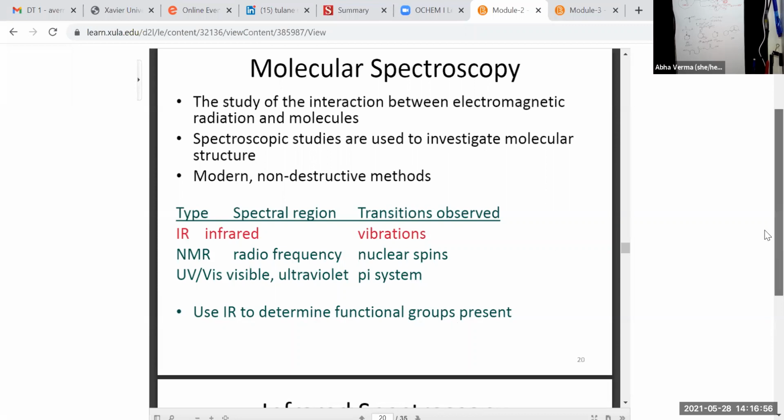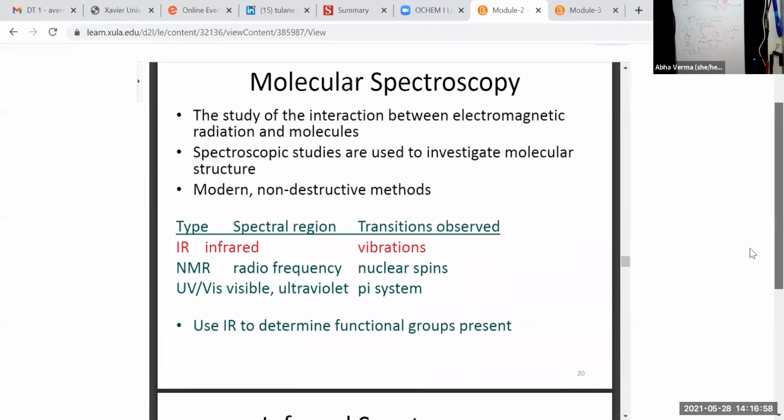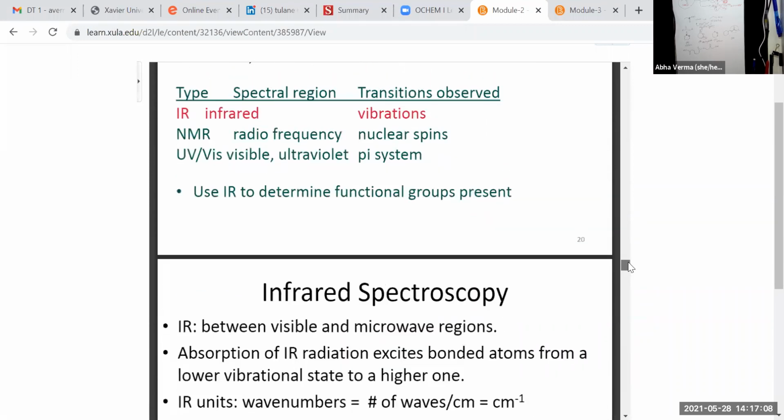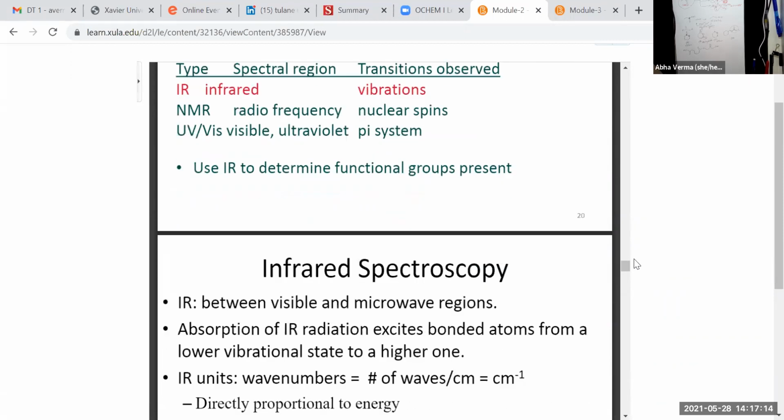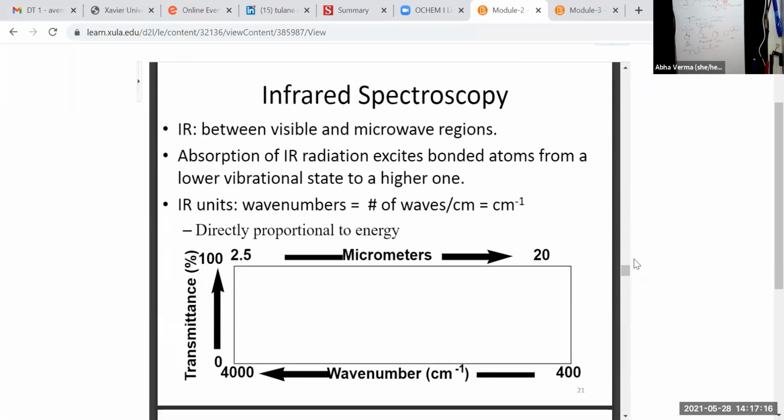Now, in your lab also, if you have done the lab, you will see that you will take a little bit of sample and you will just place it in the machine and you can retrieve your IR sample back. So it is a non-destructive method. But how is the infrared spectroscopy going to help you?